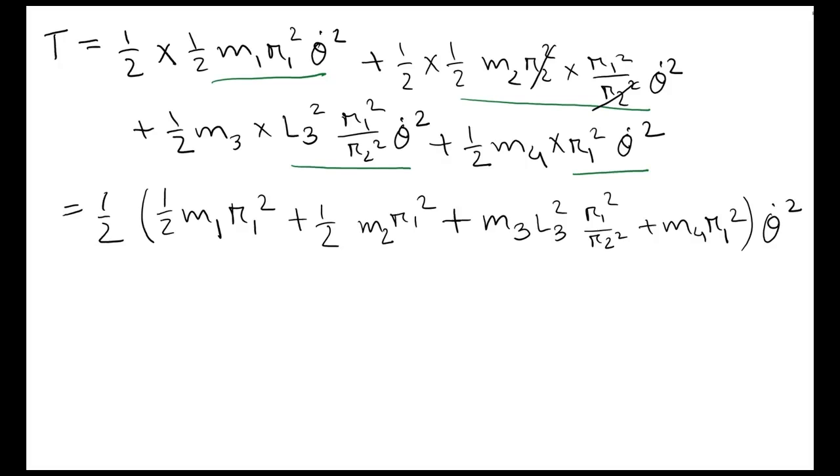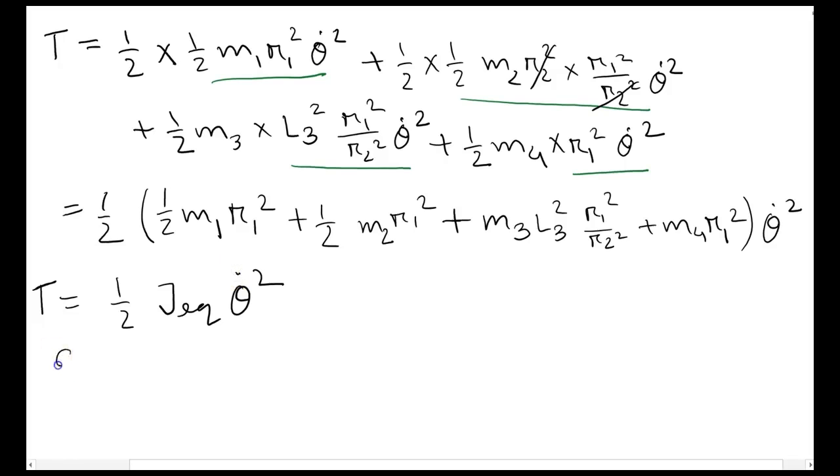Since all terms have half and theta dot squared, we keep these two out of the bracket, and the other values we keep inside the bracket, and let's consider the bracket quantities as J equivalent to make the equation simpler. And that's our T expression for kinetic energy, which is half J equivalent theta dot squared.